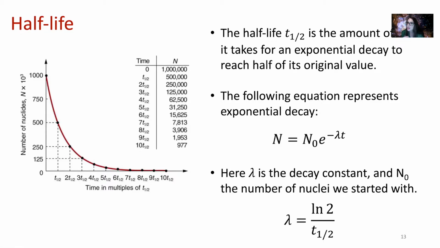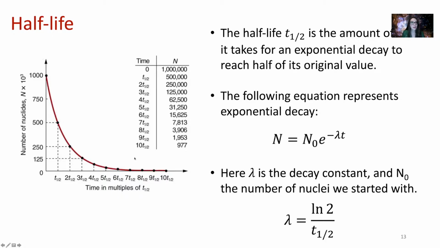In this case, t is time, but lambda is not the wavelength here. In this equation, lambda is something that we call the decay constant. Lambda is defined as the natural log of 2 divided by the half-life. Remember, we represent the half-life as T sub 1/2.